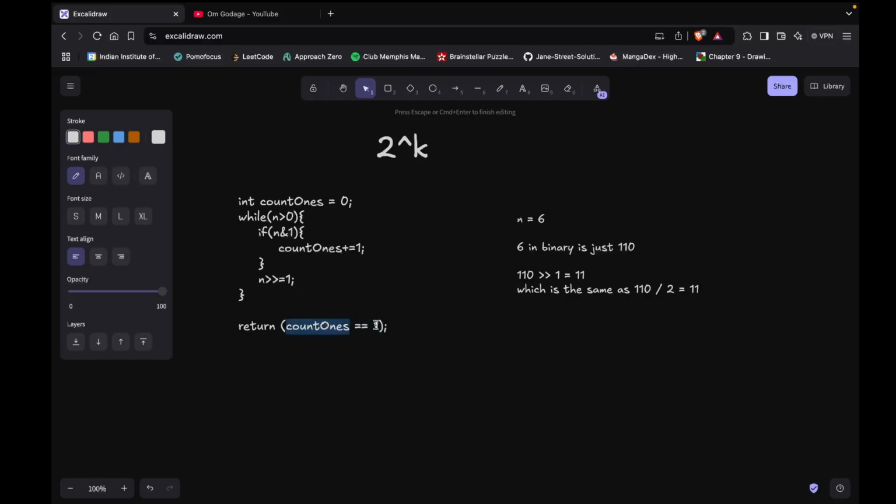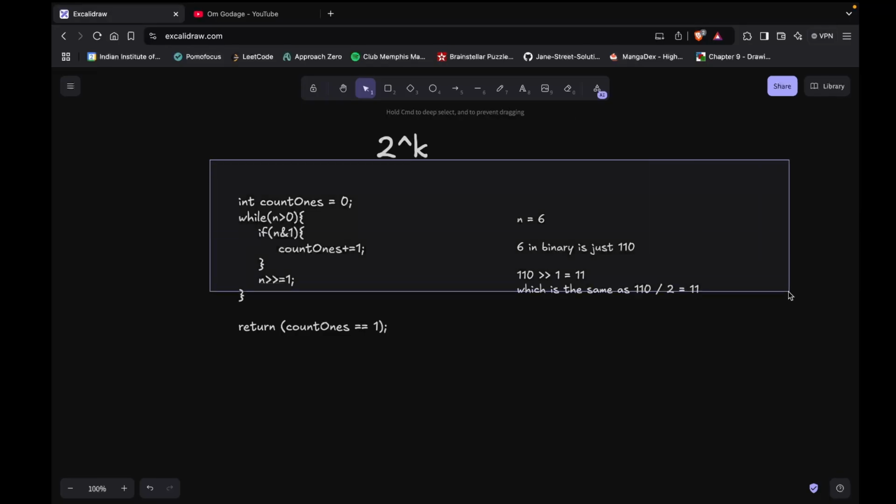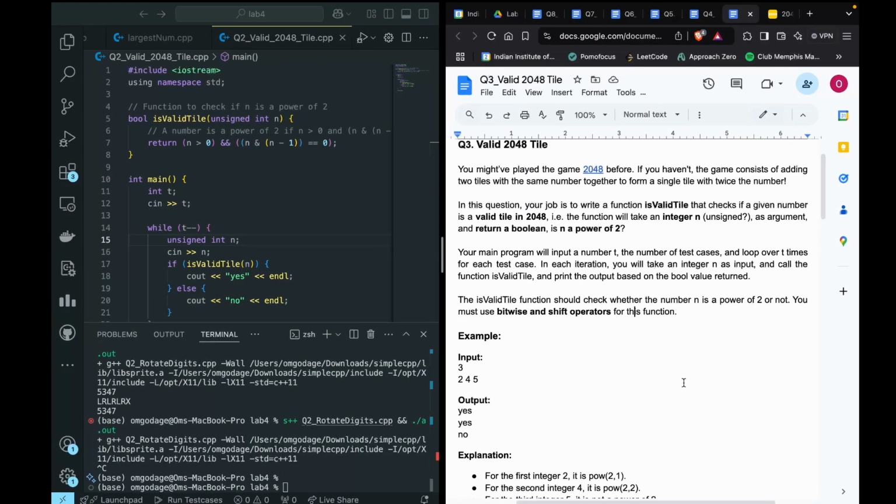If the count ones is not 1, which means it is either bigger or it is 0, in that case this will return false, which is the right case, since it's not a valid tile. Okay, so this was one solution that you could have thought of.